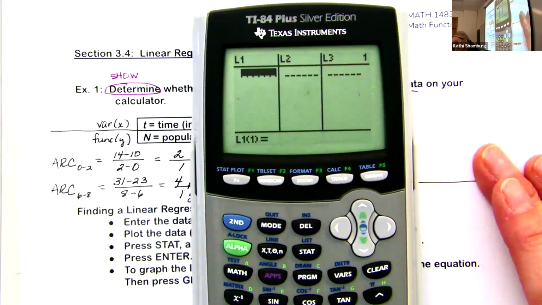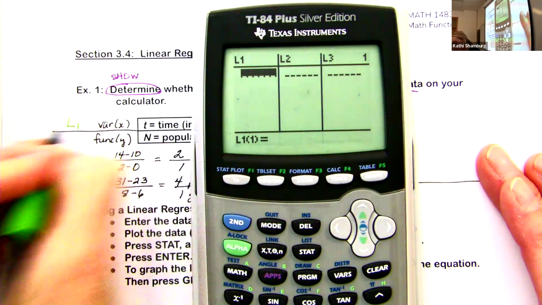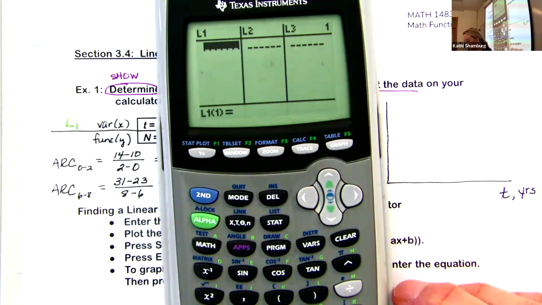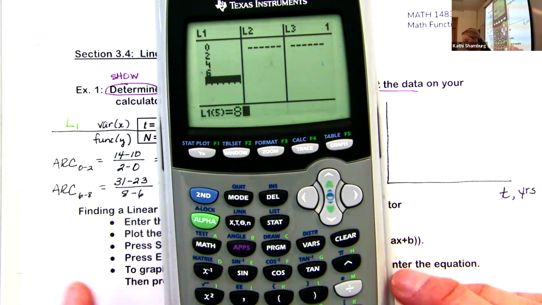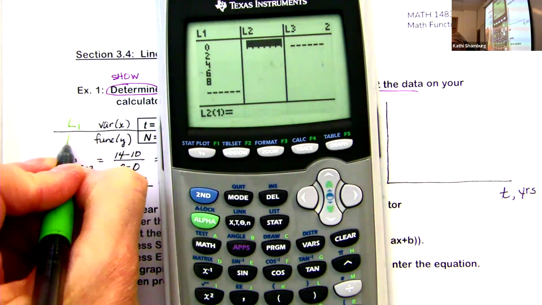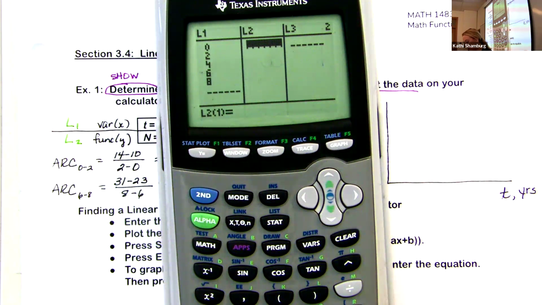So now my list 1 is 0, goes by 2s. So it's 0, enter, 2, enter, 4, 6, 8. Right arrow over, and my list 2 is 10, enter, 14, enter, 20, 23, and 31.